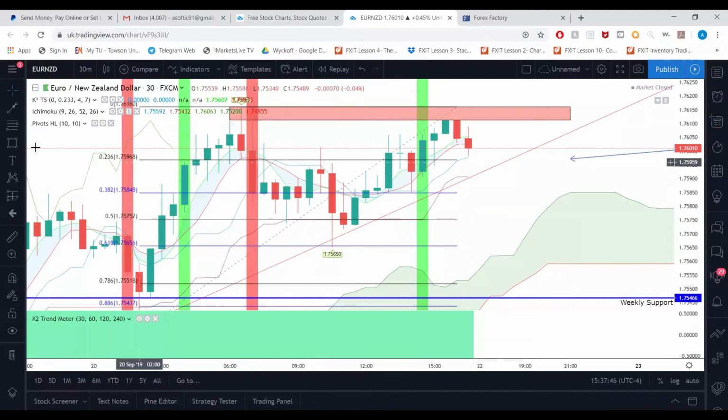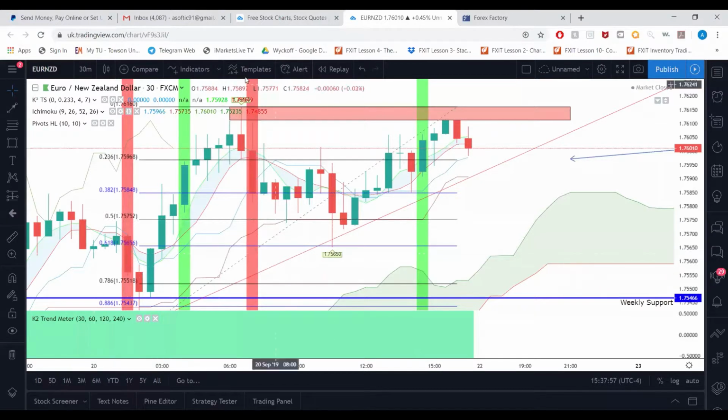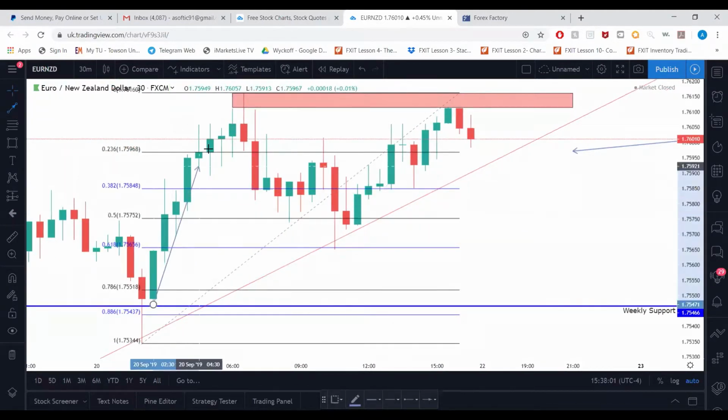Consolidation is this right here, where you have up and down 10, 15 pips. Impulse is when you see this move. Let's just switch back real quick. Impulse move is this. This is the impulse move. So you don't want to trade consolidation, which is this right there.